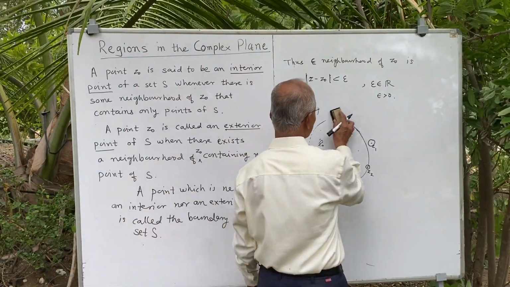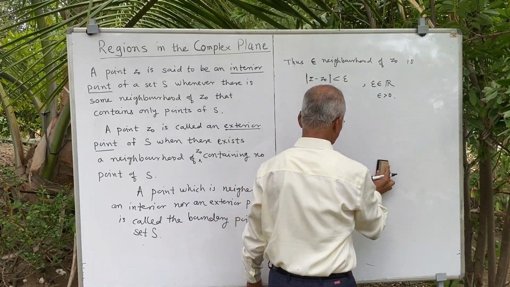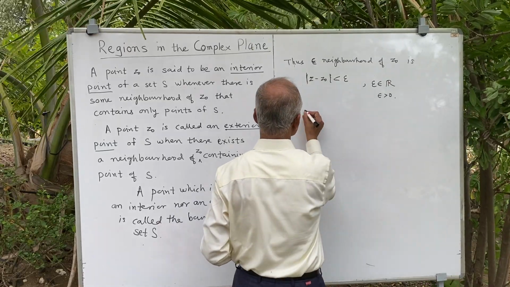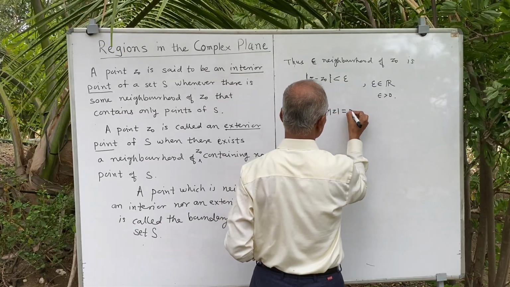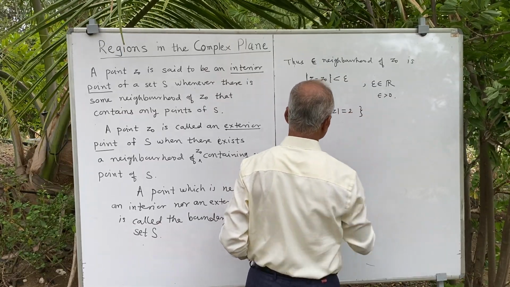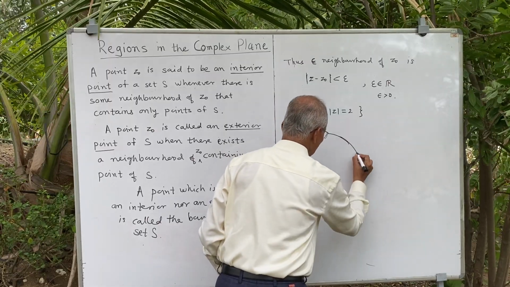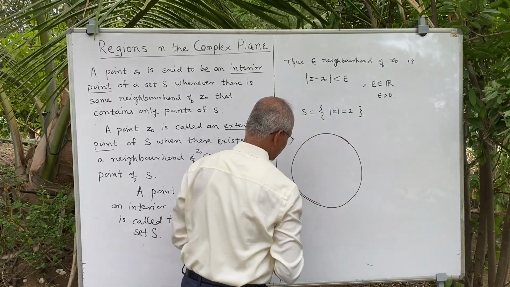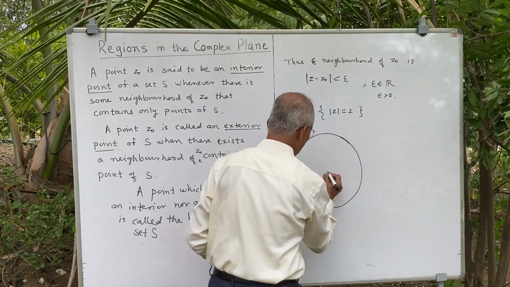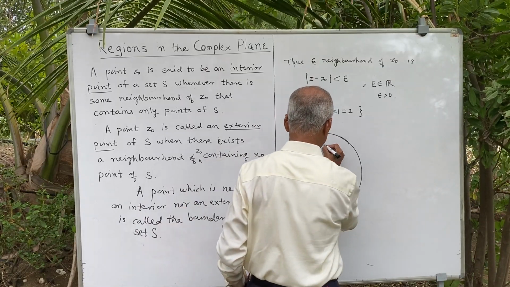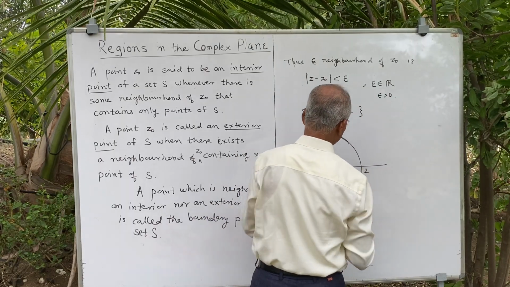For example, suppose S is the set |Z| = 2, and that means it will represent a circle with center at origin and radius 2. So we should imagine this, and this is 2.